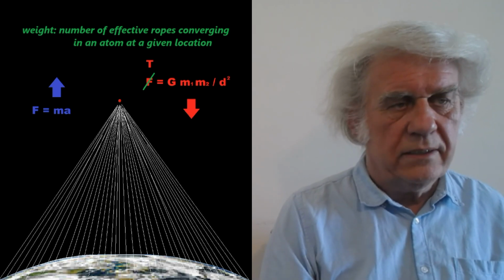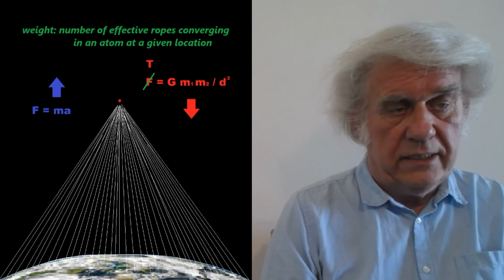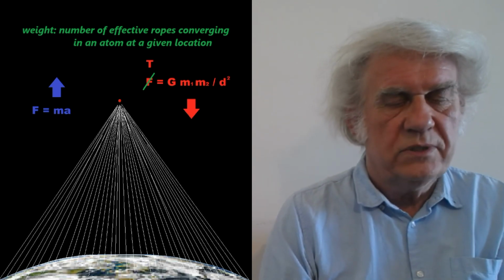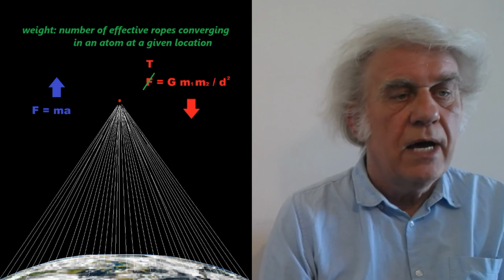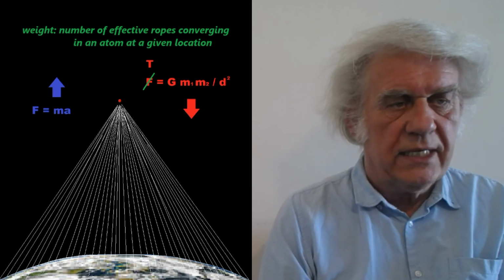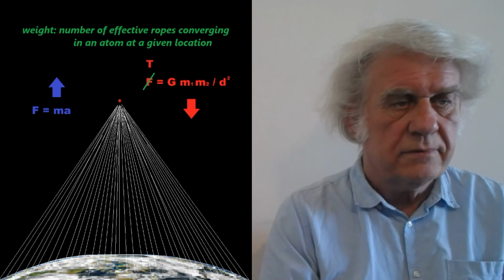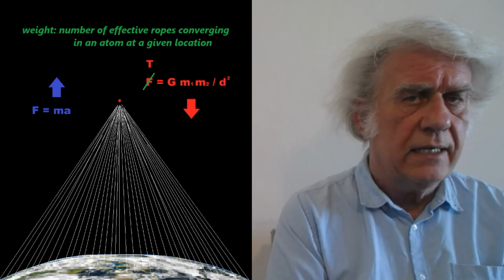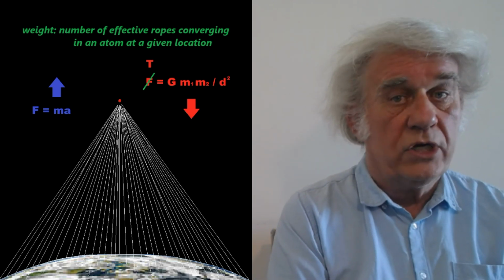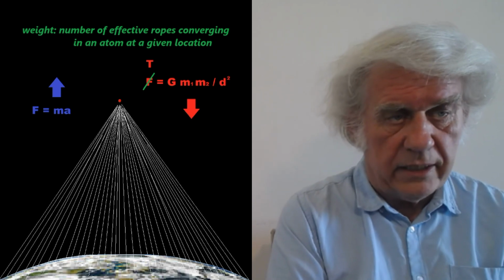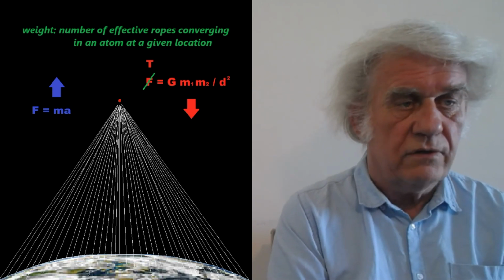Under the rope model, we can explain what weight is, which is a static concept. It's the number of effective ropes connecting an atom at a given distance from the Earth. It doesn't matter if the atom is moving outwards or coming towards the Earth, gravitationally falling to Earth or flying outwards.